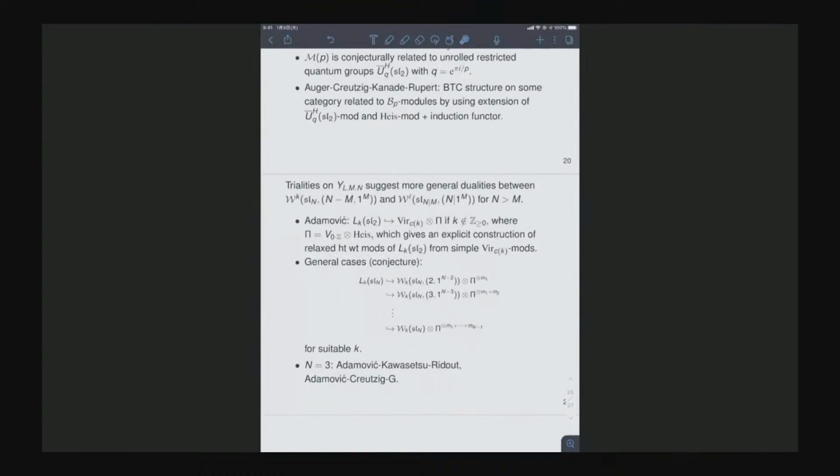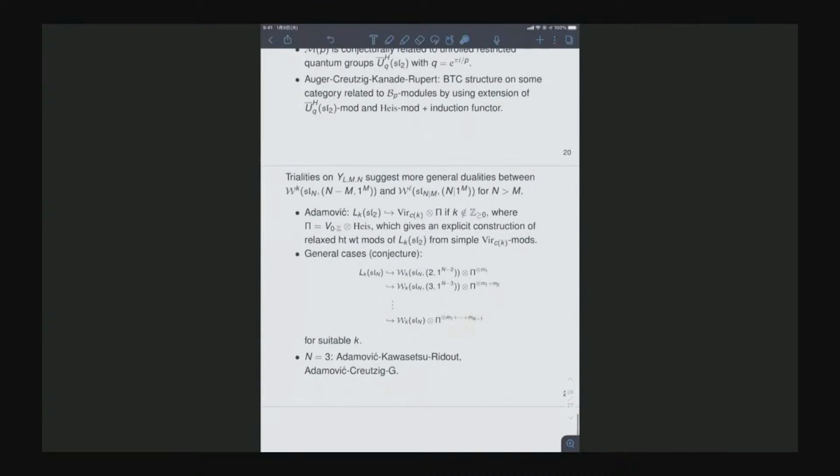So a natural generalization is to generalize this embedding to the higher rank case. The natural conjecture is that affine SLN can be embedded in a minimal W-algebra tensor some Π, and SLN with some hook type, and so on. Finally, we get the principal W-algebra tensor some Π for some level k. In fact, the N=3 case exists, proved by Adamović, Creutzig, Genra, and also Adamović, Creutzig, and me.